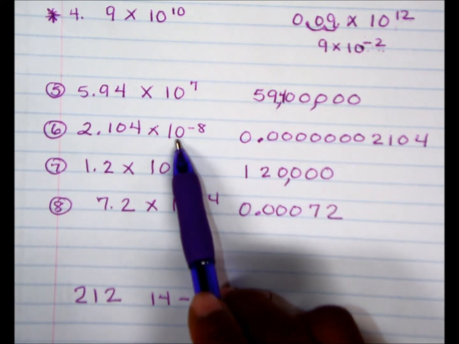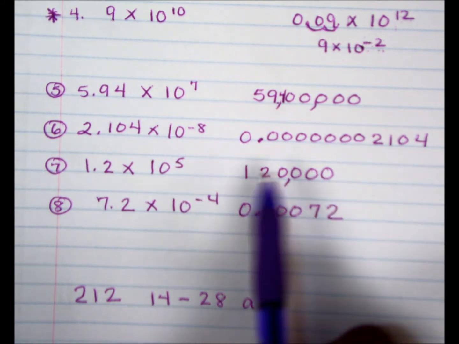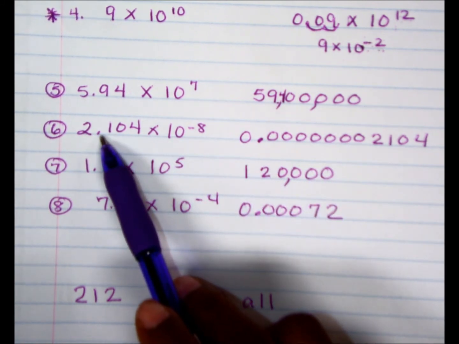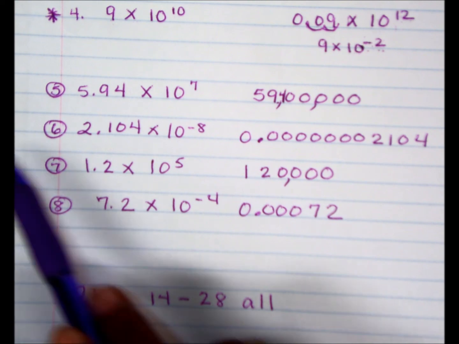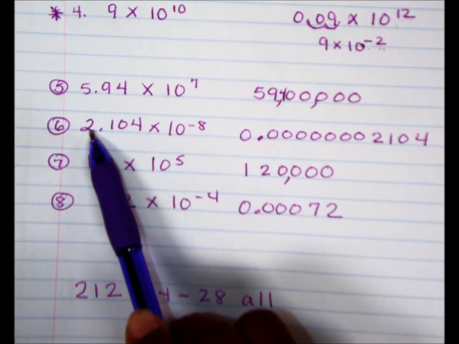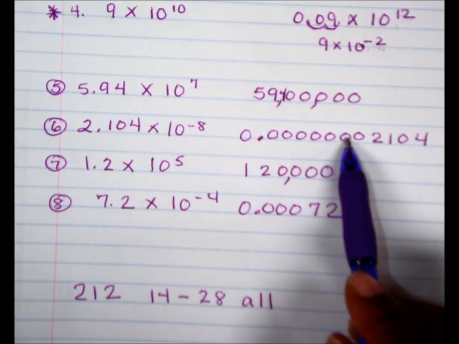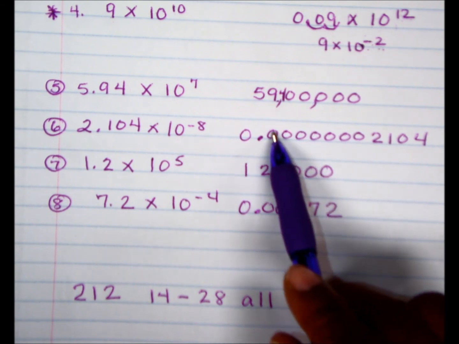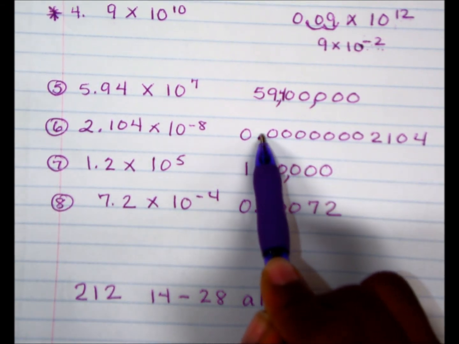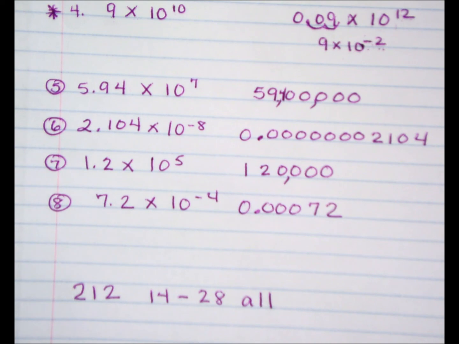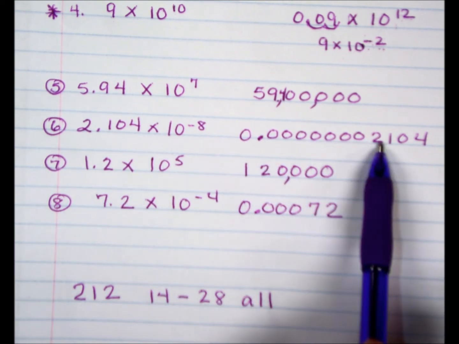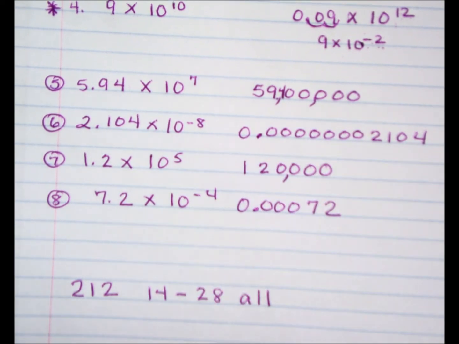This one is negative, so we had to move the decimal forward 8 spaces, and I already had 1 here, so I added 7 zeros, 1, 2, 3, 4, 5, 6, 7 zeros for the decimal point. All right, and so 7 zeros and then 2104, and I'm not even going to try to read that number.